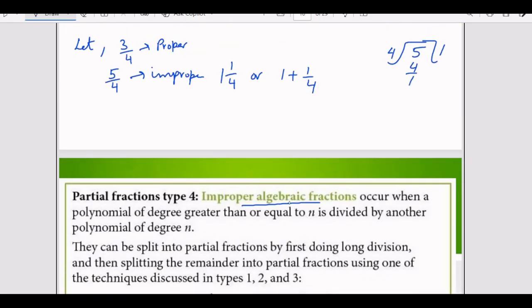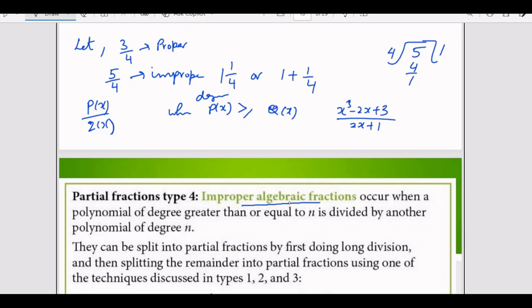Let's say we have P(x), a polynomial, over Q(x). We define it by the degree. When the degree of P(x), meaning the degree of the numerator, is greater than or equal to the degree of Q(x), then it is improper. For example, x cubed minus 2x plus 3, divided by 2x plus 1.